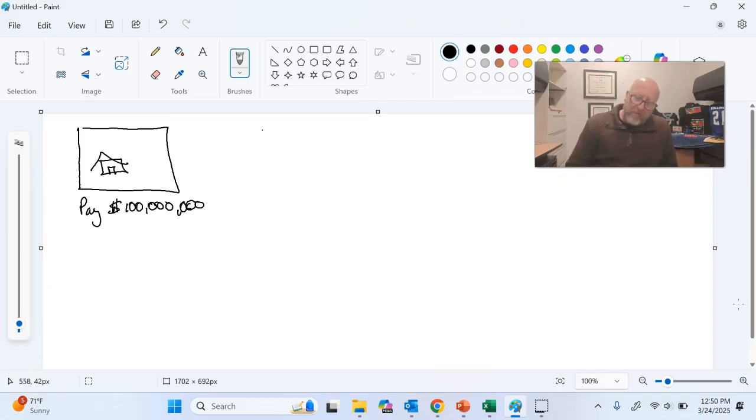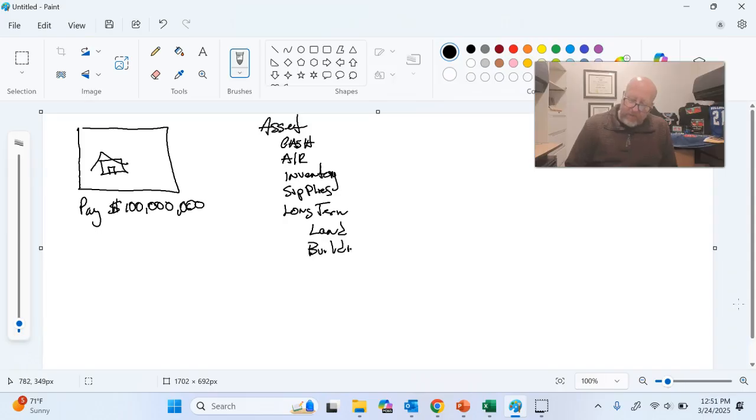Now remember, I have an asset section to the balance sheet, and I have cash, I have accounts receivable, I have inventory. We've gone over all this stuff now. I have supplies, and now I've got long-term assets, these physical assets. So I'm going to have long-term, and I'm going to have land and building. Okay?